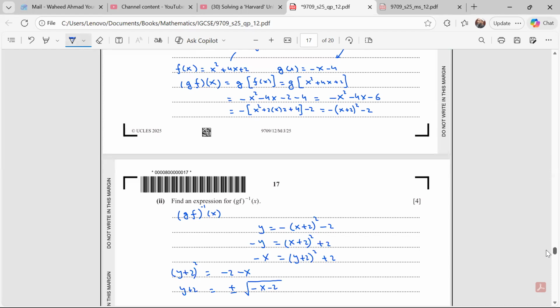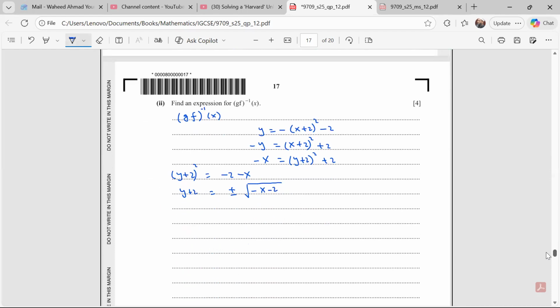And from here we can see that y is equal to -2 plus minus under the root of minus x minus 2.